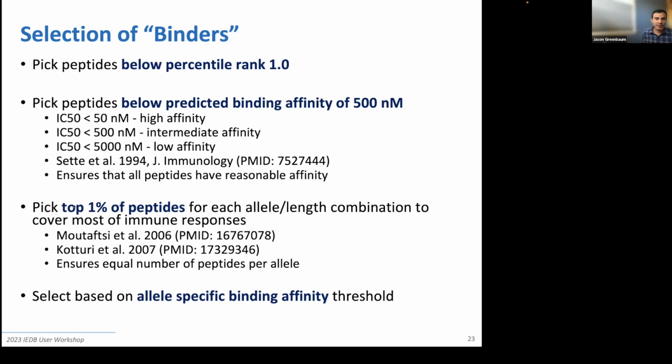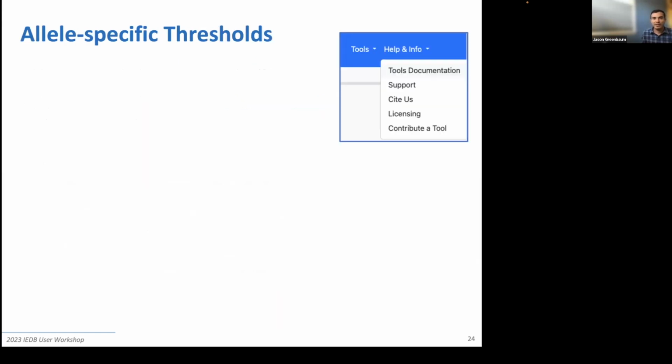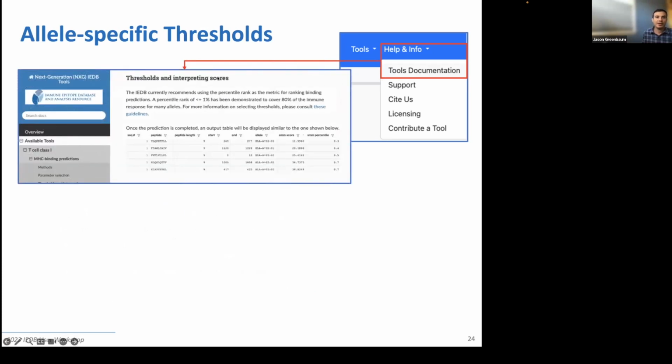There are also allele-specific binding affinity thresholds that have been established by Bjoern and Alex's group a few years back. And you can find out more about that through the tool's documentation, where we talk about the thresholds and interpreting scores.